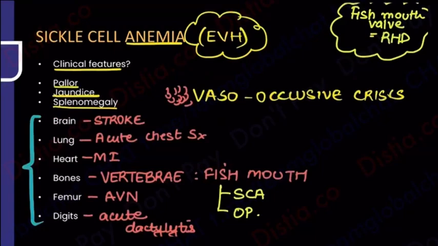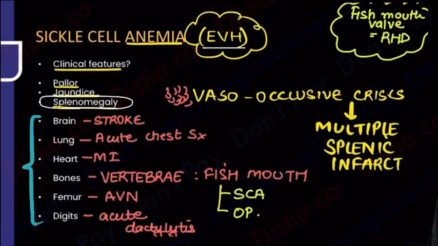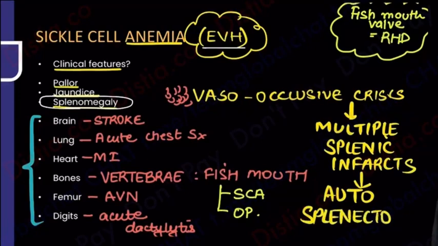Initially the spleen was doing extravascular hemolysis and becoming big, but after some time, when these cells start damaging and clogging the spleen, there are multiple splenic infarcts. The spleen will start decreasing in size, and that is known as autosplenectomy.